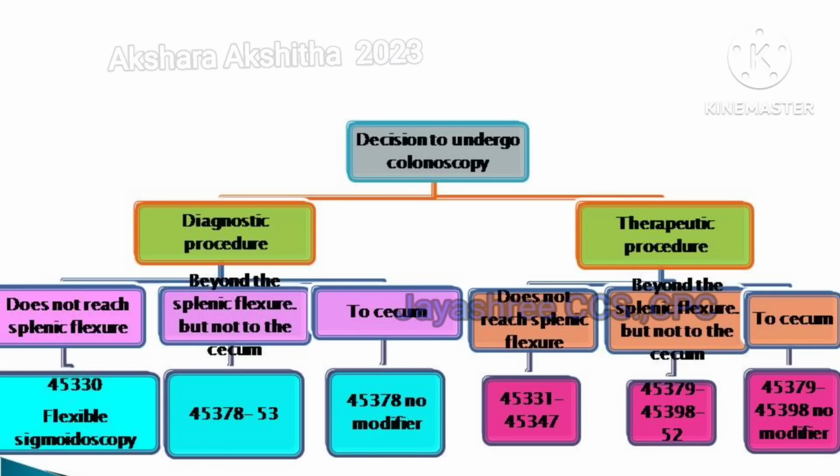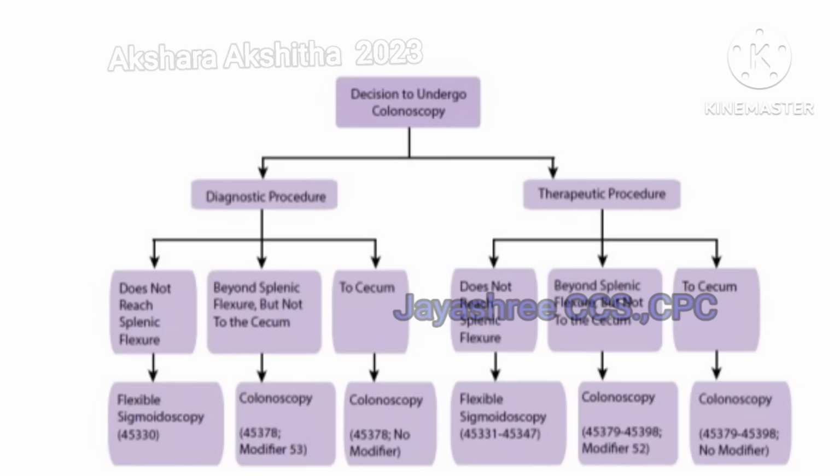Modifier 53 is for discontinued procedure. We append that modifier if the colonoscopy goes beyond the splenic flexure but does not reach the cecum. Then if the colonoscopy passes from the anus to the cecum without any difficulty, we code the normal diagnostic colonoscopy code without any modifier. This is the diagnostic procedure.